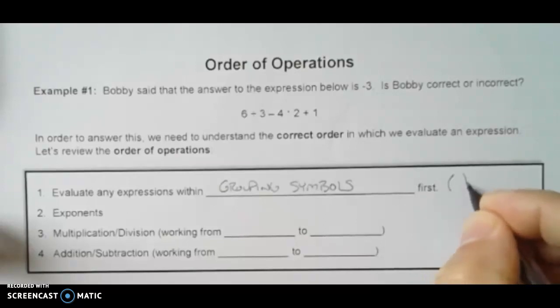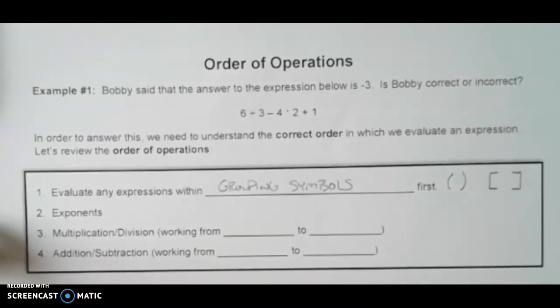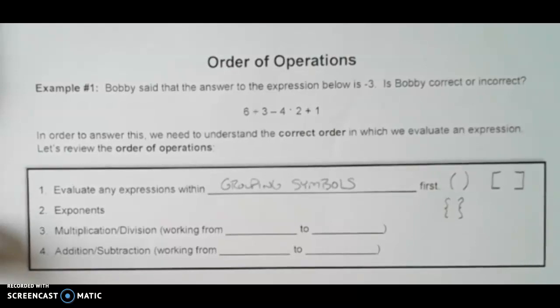Other grouping symbols could be brackets, which are like square parentheses, or braces, those squiggly looking things that are a lot of fun to draw. Another form of grouping symbols that we've talked about before this year would be absolute value bars. Any operations inside of these grouping symbols need to be evaluated first.